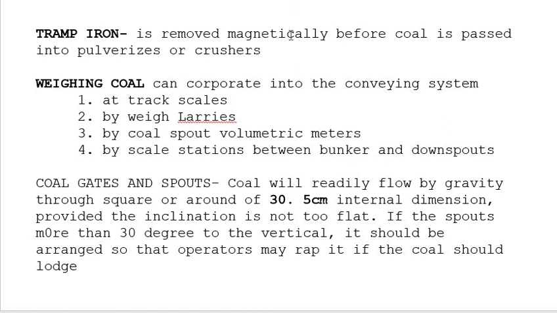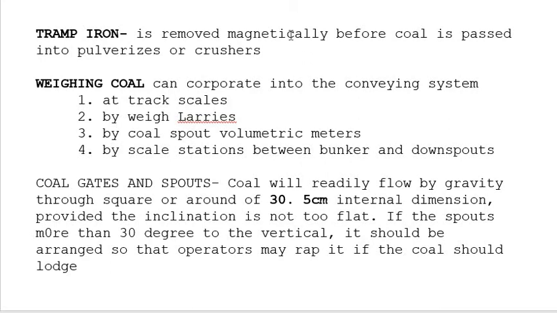Coal gates and spouts. Coal will readily flow by gravity through square or round spouts, so it has 30.5 centimeters internal dimensions. It has a standard dimension, provided the inclination is not too flat. So the inclination should not be flat, it's somewhat inclined but not really low.